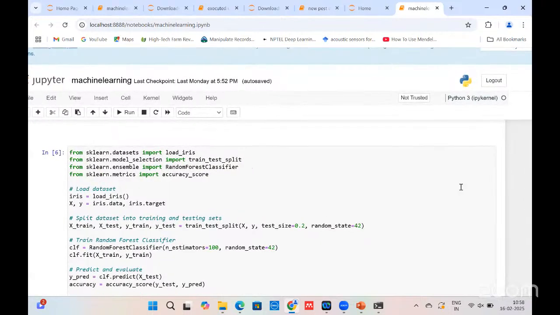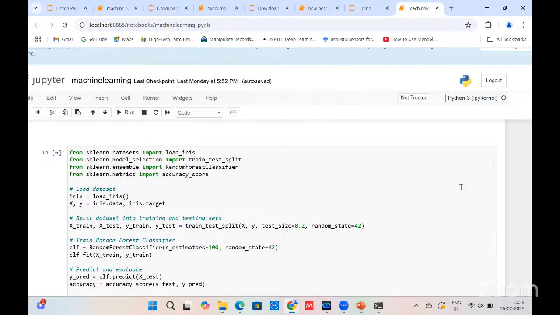Look at the program, look at the board. The random forest classification we are using to reduce overfitting. Okay, you know what is overfitting?